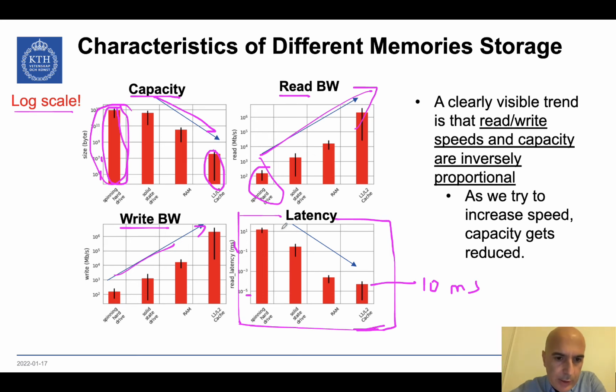You see that the hard disk in many cases is around 10 microseconds, and that is a huge number in a computer system. So to read from disk takes quite a lot of time. This is the response time we talked about at the beginning.